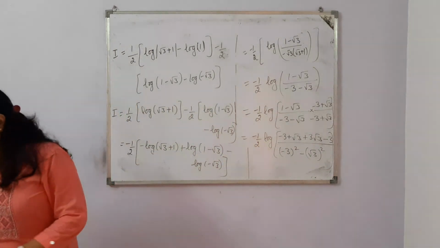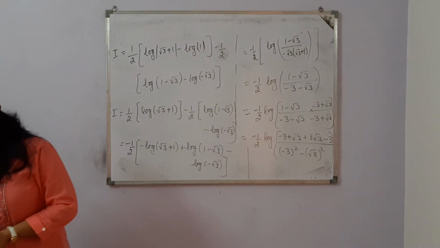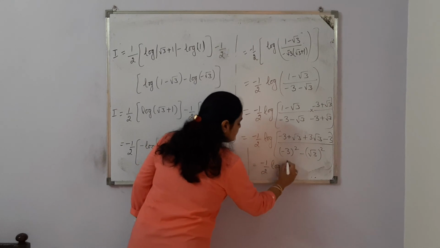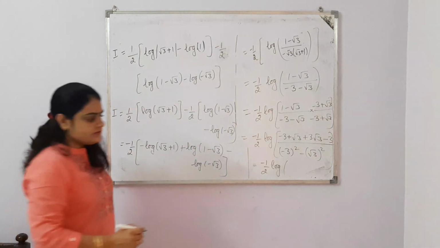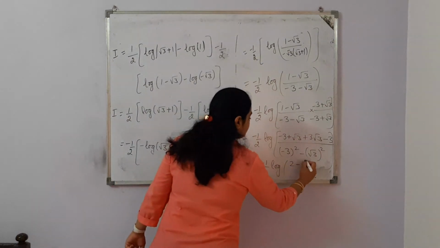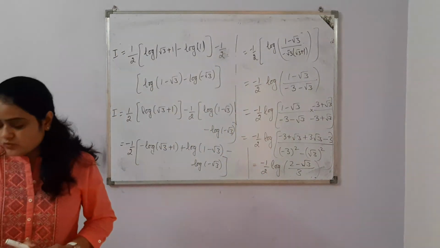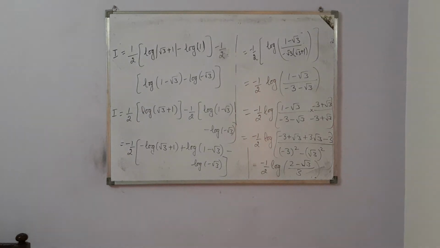So you can solve it out and get the answer, which is minus 1 by 2 log of 2 minus root 3 upon 3. So you will get the answer 2 minus root 3 upon root 3.